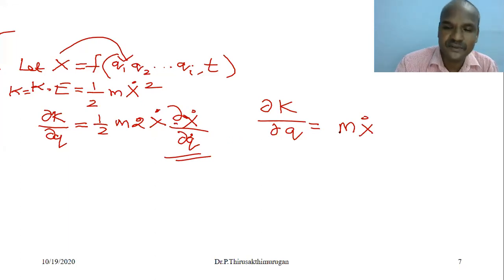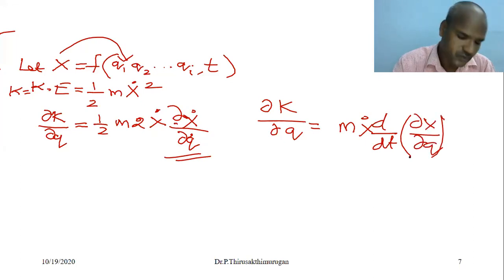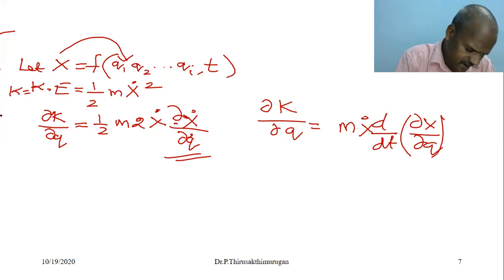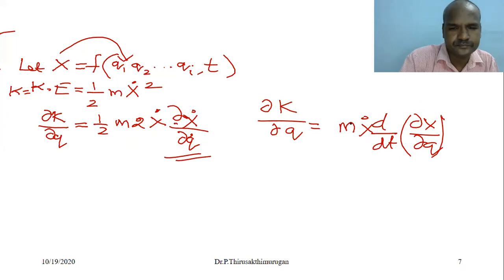This can be represented by m x dot times d by dt of dou x by dou q. Here it is dou q dot, and this is also dou q dot.